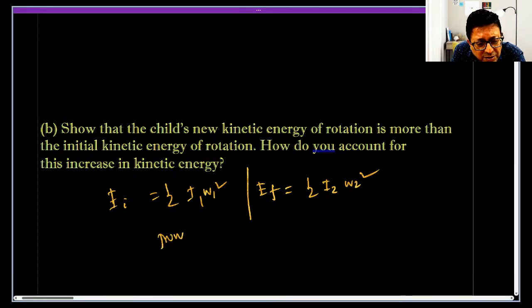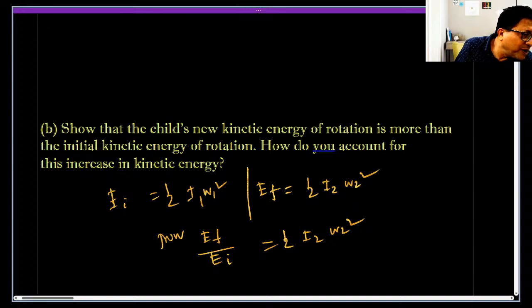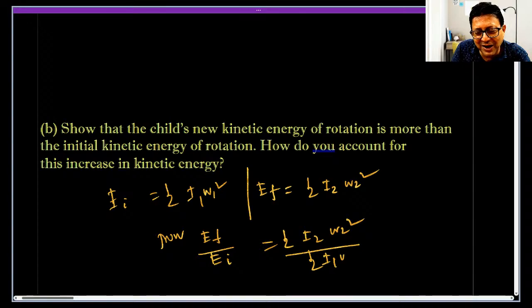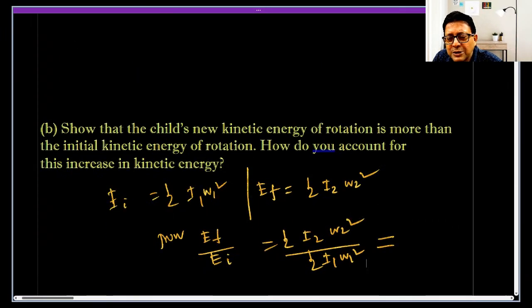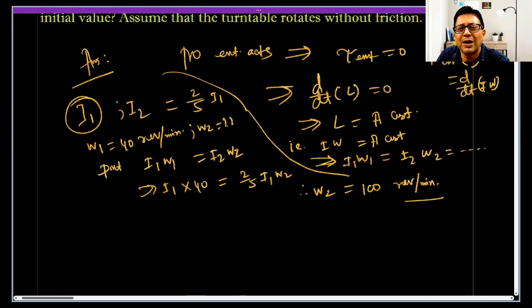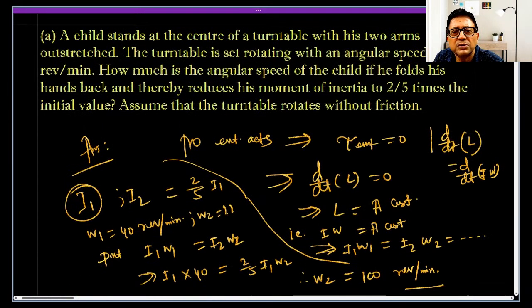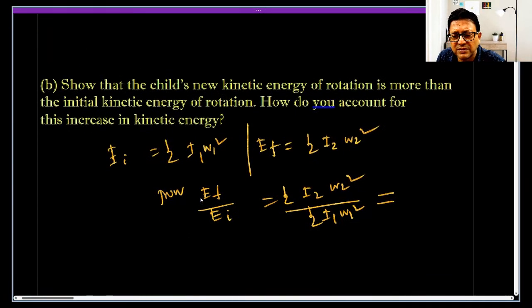Now EF by EI is half I2 omega 2 square, divided by half I1 omega 1 square. You know the omega 1, omega 2 ratio? Omega 1 is 40, put it there. So the I1, I2 ratio you also got. I2 by I1 is 2 by 5.